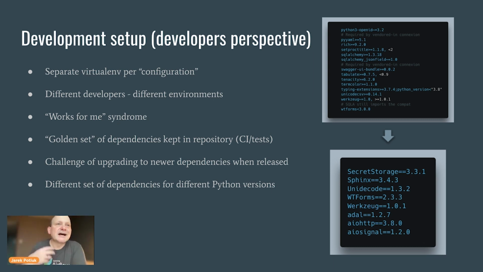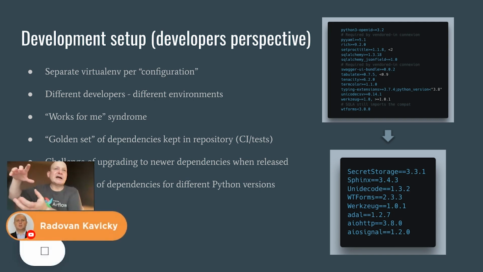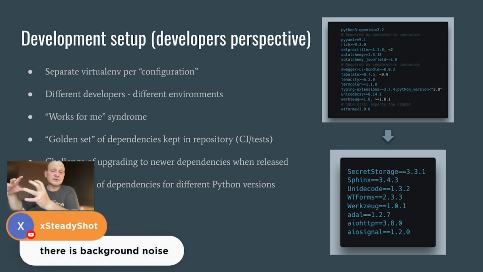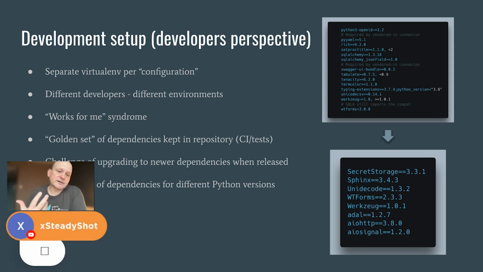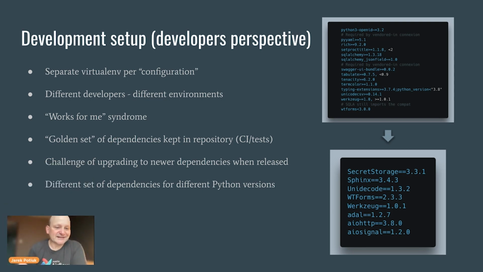So as a developer, you want to turn those dependencies that you have in ranges into some set of pinned dependencies, which for you become, and this is the important term that I'm using quite often, a golden set of dependencies.